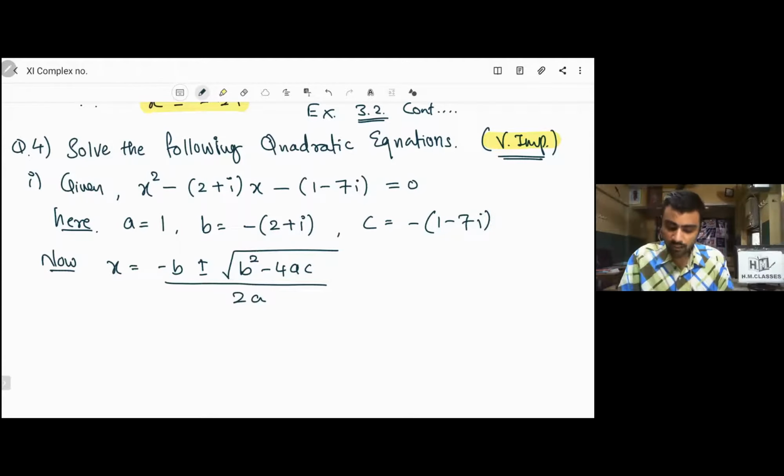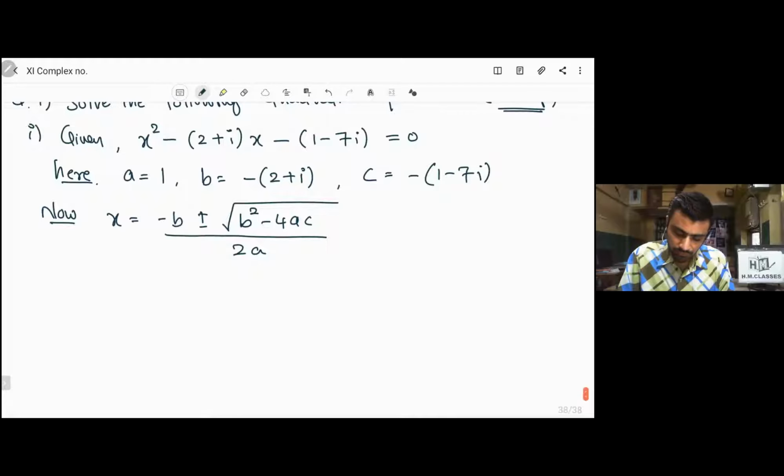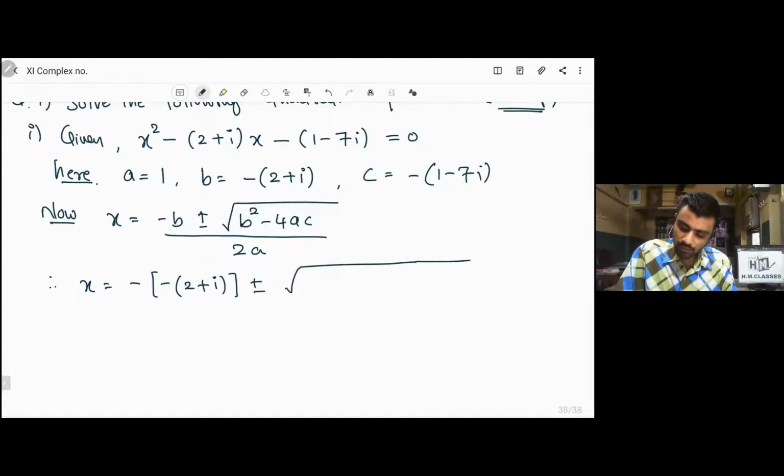Correct, students, the formula? Now you substitute. Therefore x is equal to minus b, that is minus of minus (2 plus i), plus or minus under root b square minus 4ac. Now what is b? That is minus (2 plus i).